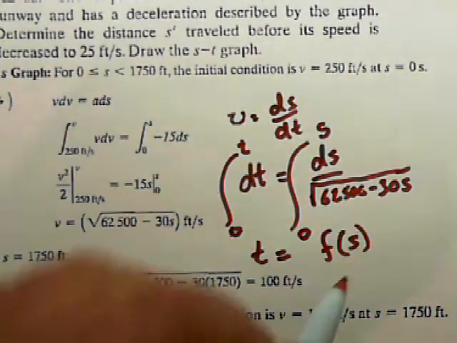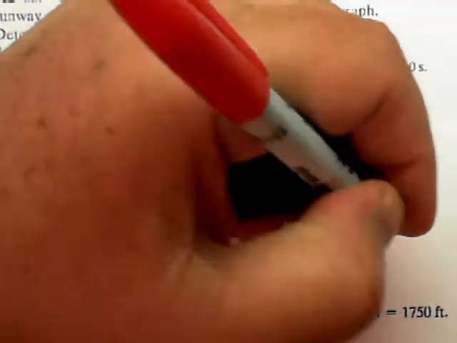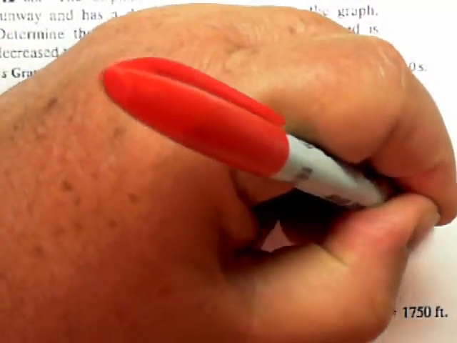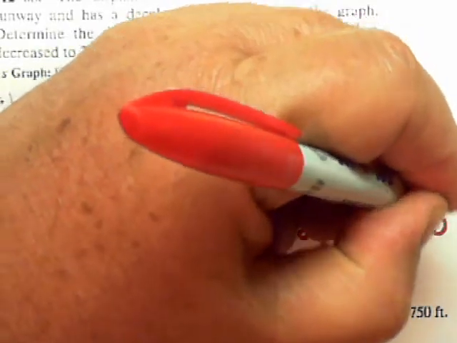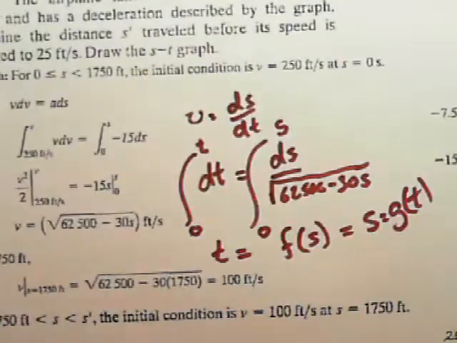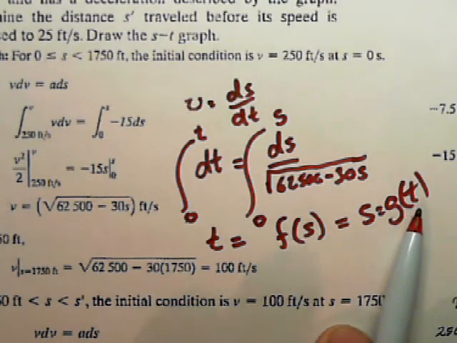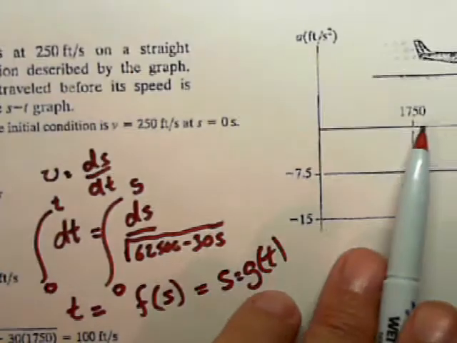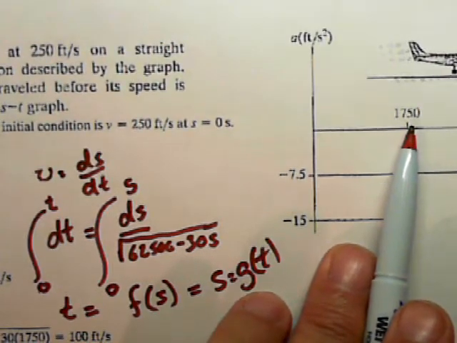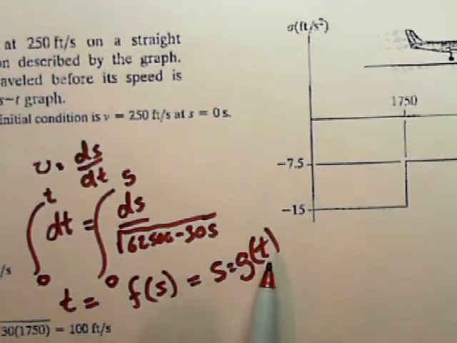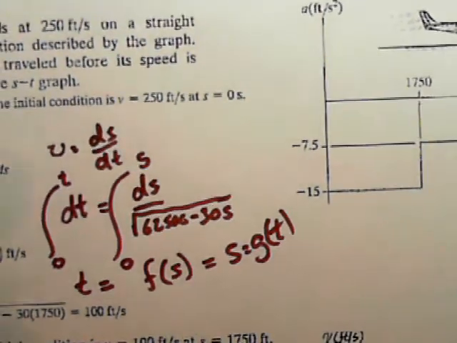And when we're done, we could invert that to produce s equal to some other function of time, maybe some g of time. And then we could plot that first function. What we would have to do is figure out how far t goes. We'd have to plug in s equals 1750 to that equation and solve for the value of t that gets us to 1750.